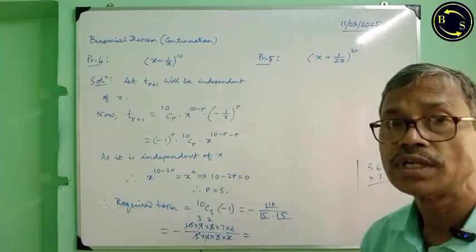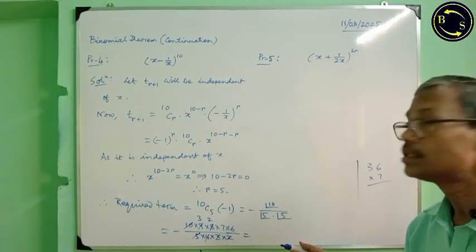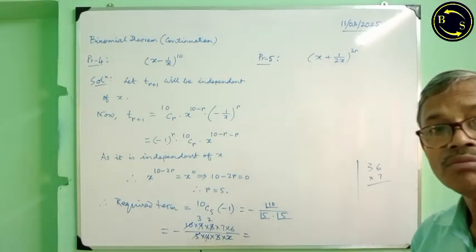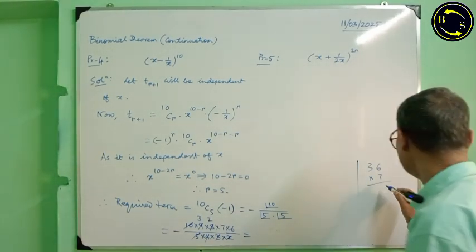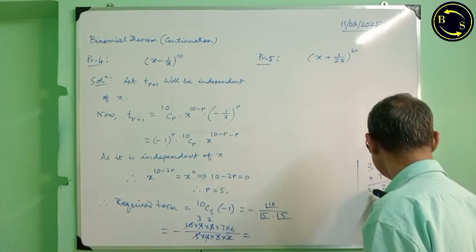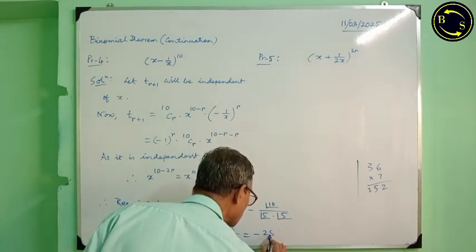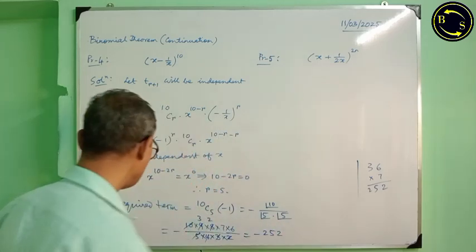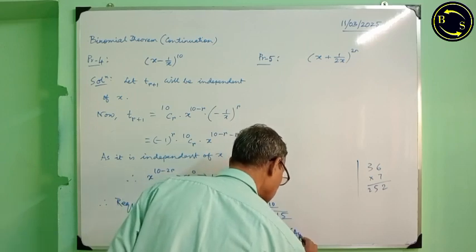I suggest students, you work out the rough work, calculation, etc. on the right space of the sum where you are working out. It will be minus 252. Therefore, the required term is minus 252. That is the answer.